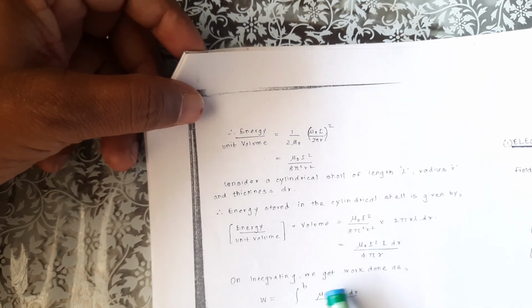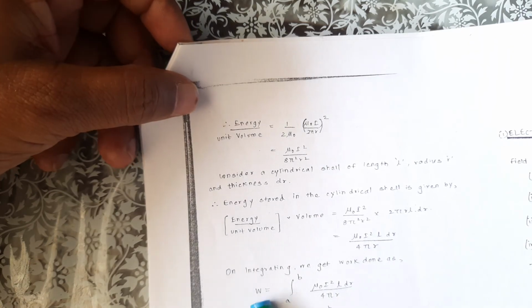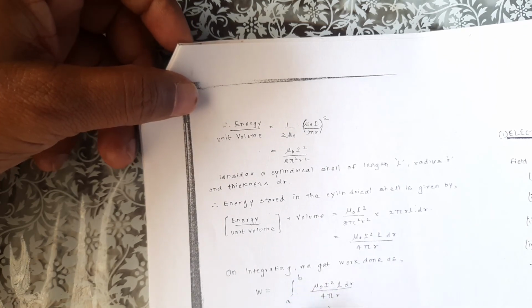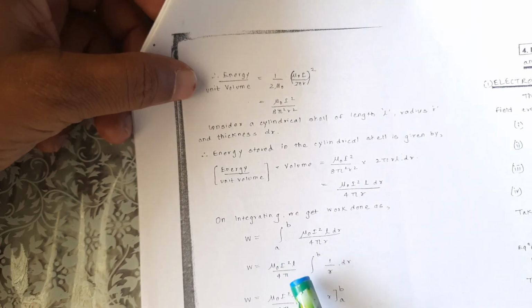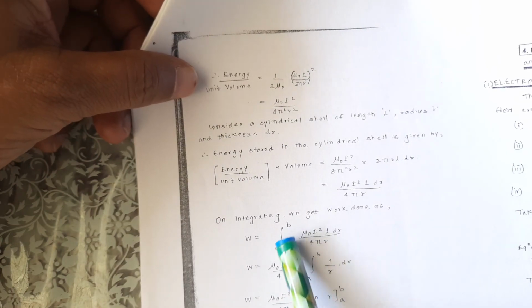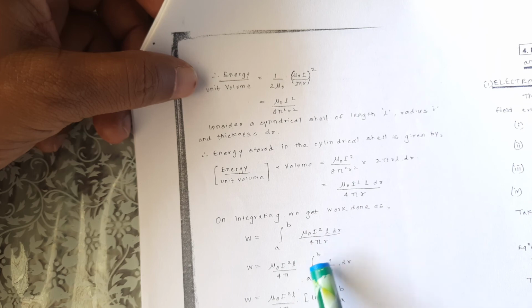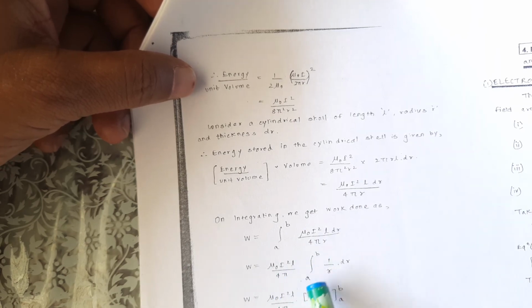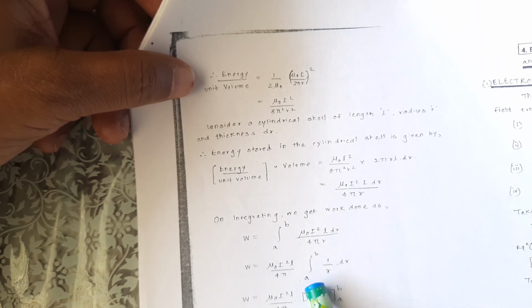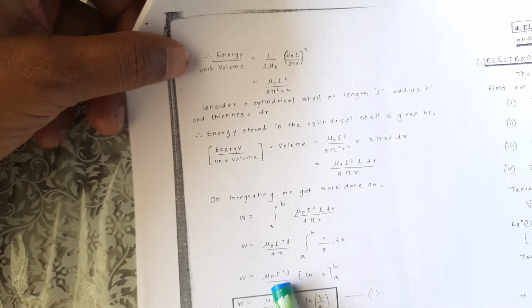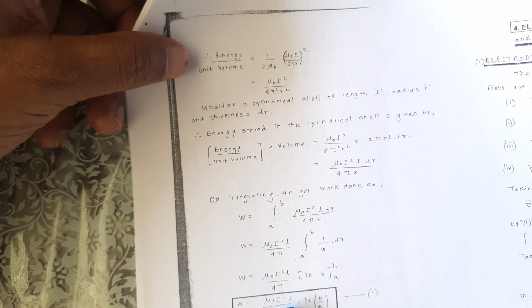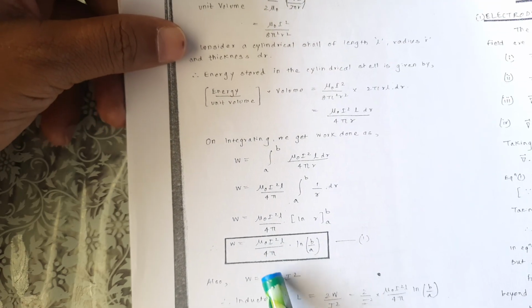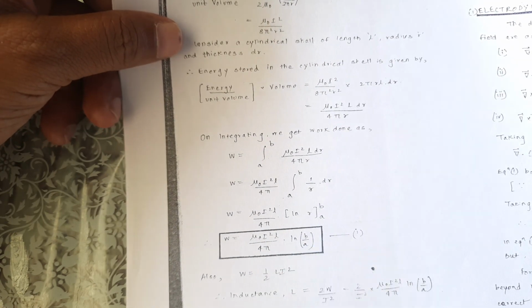Now integrating from point a to b, W = mu 0 I^2 L/(4 pi) times the integral of dr/r, which gives mu 0 I^2 L/(4 pi) ln(b/a).